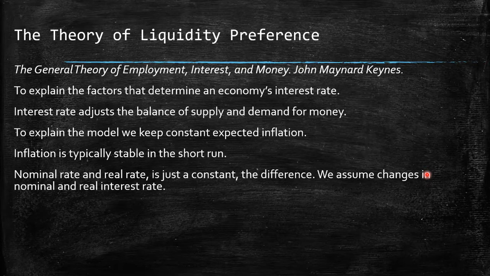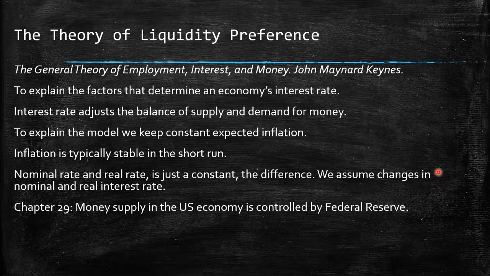The nominal rate and real rate differ by just a constant, because it's just the difference between them. The real rate and nominal rate don't change because inflation is stable. So we assume in this model that changes in the nominal and real interest rate are exactly the same.